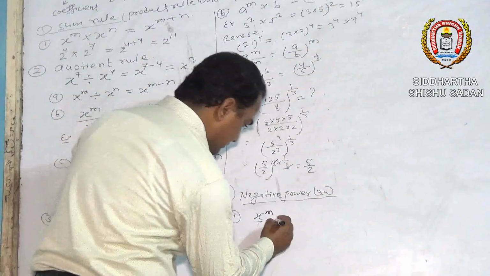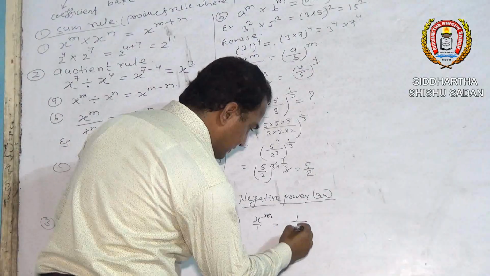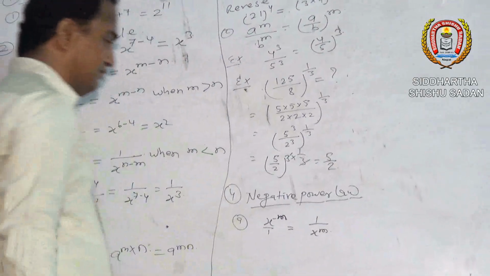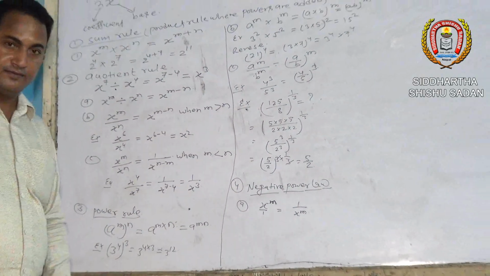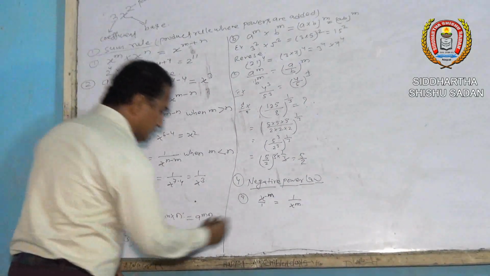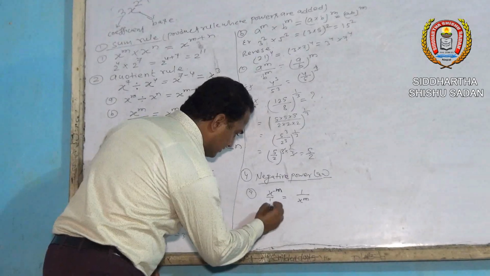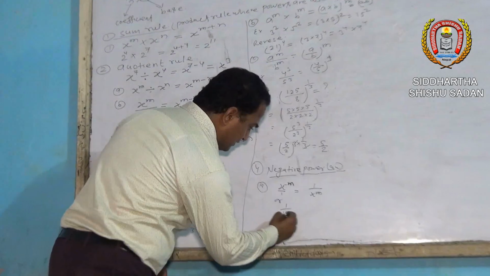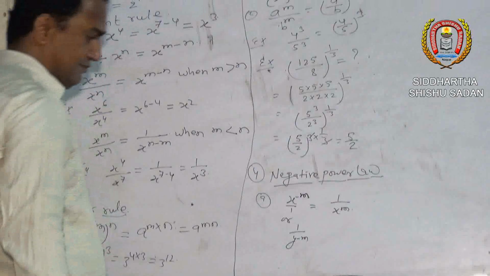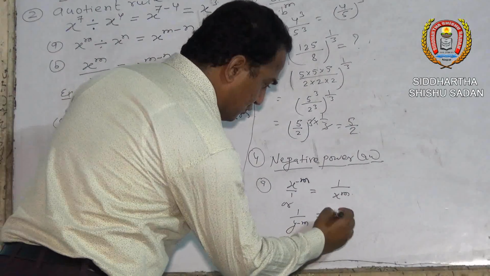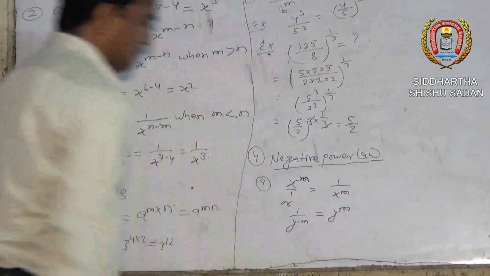Look here, 1 by x to the power m. This is it. Also, 1 by y to the power minus m is equal to y to the power m.